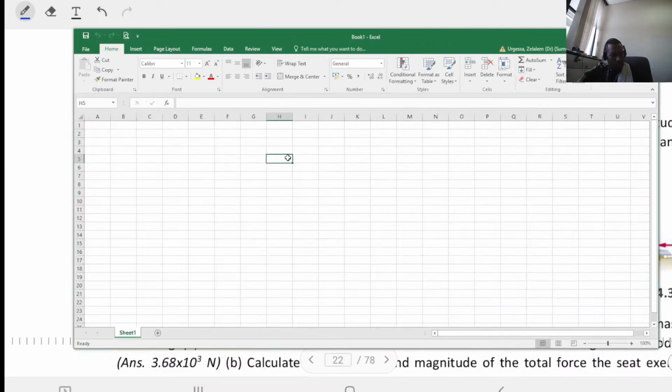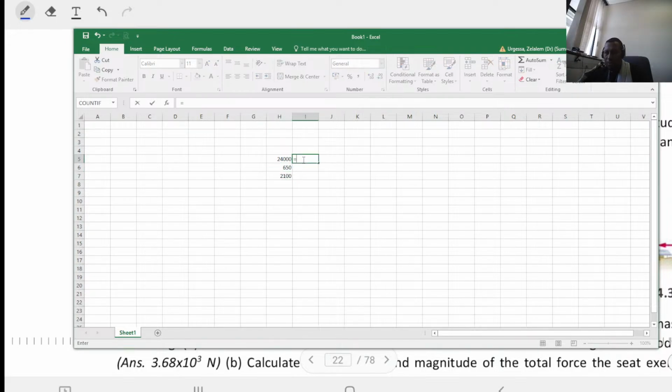Therefore, what is the force? 2.4 times 10 raised to 4. Then the other force is 650, and the mass is 2100.